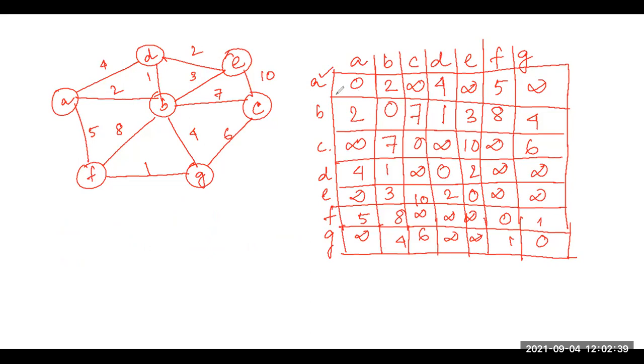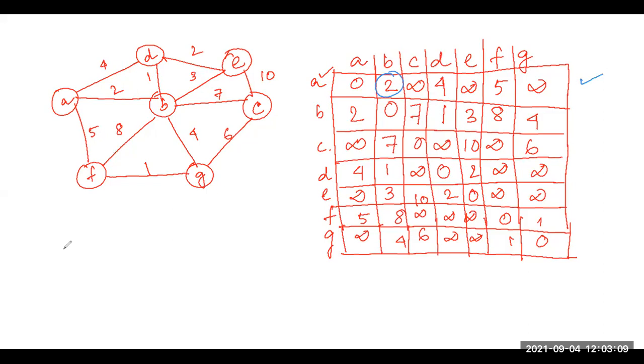So the minimum from this first row except 0 is where? Anyone? The minimum from this row. Please. A to B, ma'am. A to B, right. So this is the minimum from this row, A to B, right?